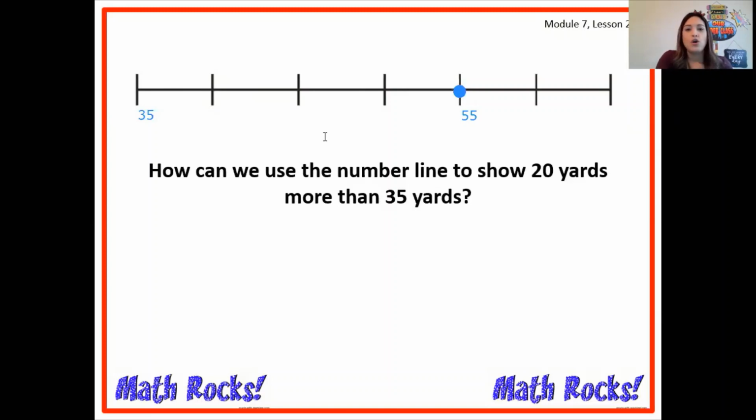So this means that 35 plus the 20 yards more that we added equals 55. And that's how you show 20 yards more on your number line.